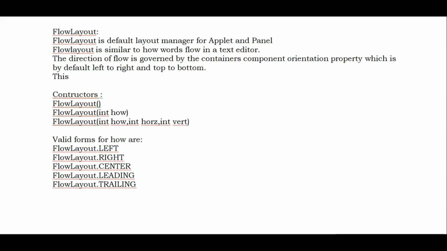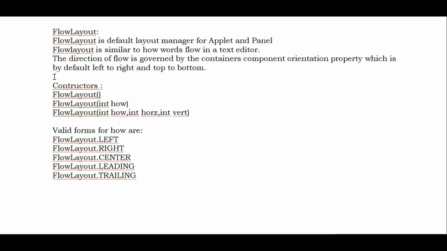As I keep typing, the characters are aligning to the previous character, one after the other. So when I type P, it is appended to L and so on, and the text is aligned from left to right. So this is how the flow layout will be.